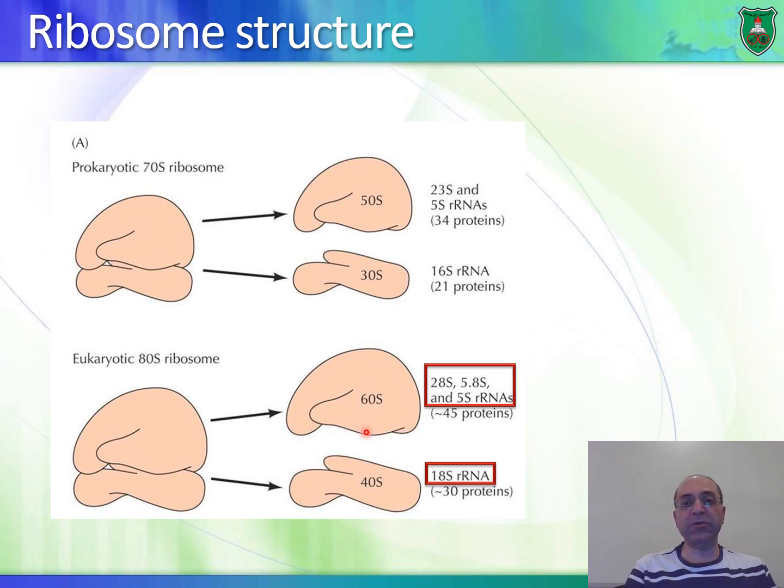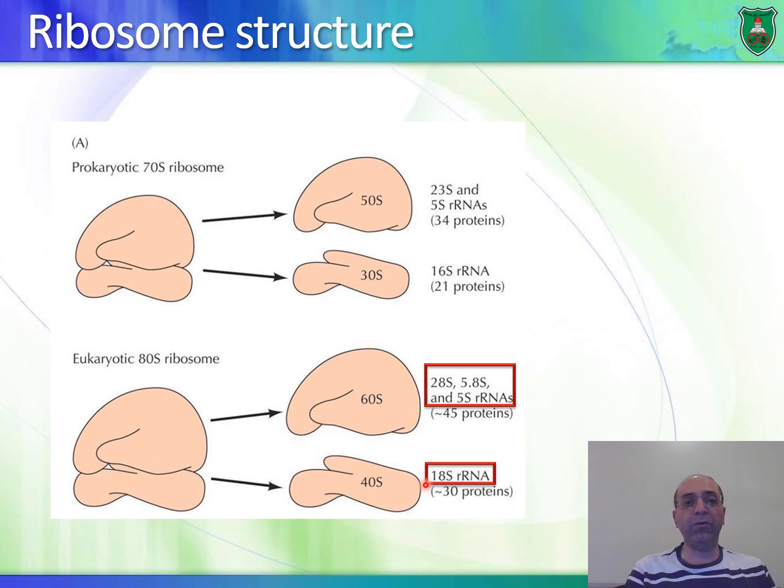The large ribosomal subunit is composed of 3 ribosomal RNA molecules, 28S, 5.8S, and 5S ribosomal RNAs. The small ribosomal subunit is composed of the 18S ribosomal RNA as well as 30 proteins. Again, I don't care about 45 and 30. I only care about the type of ribosomal RNA molecules.